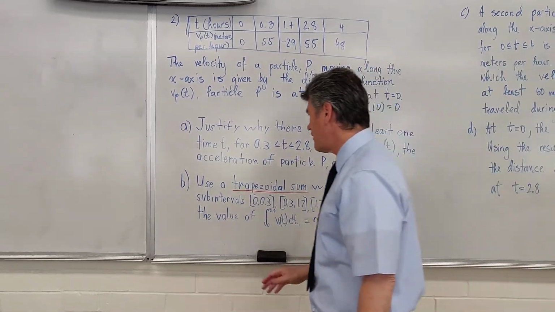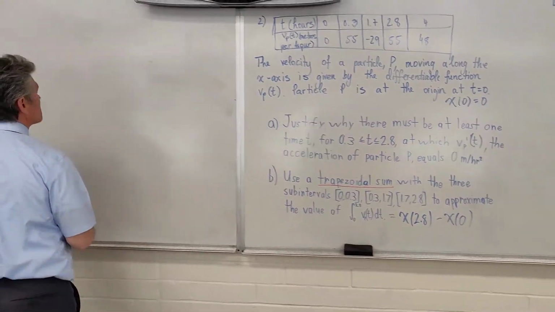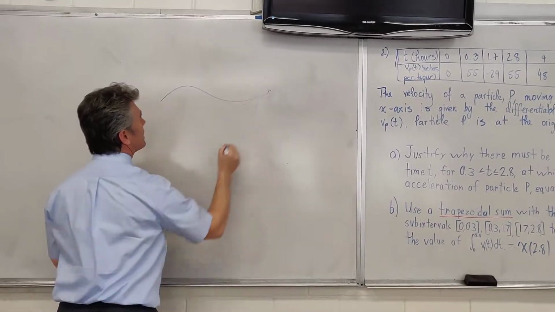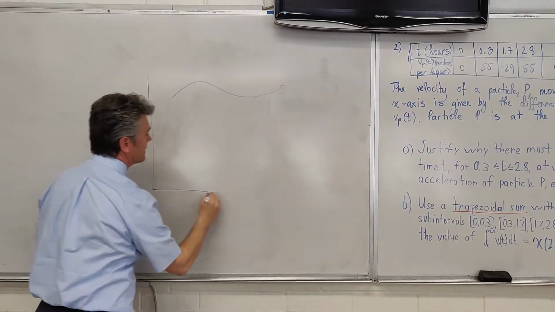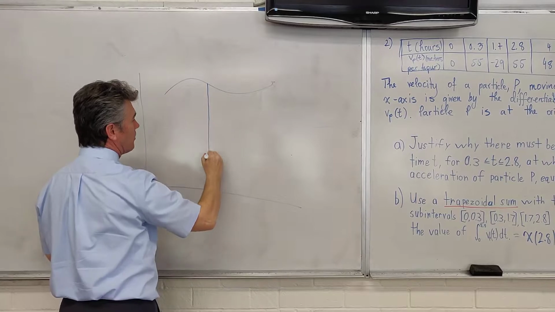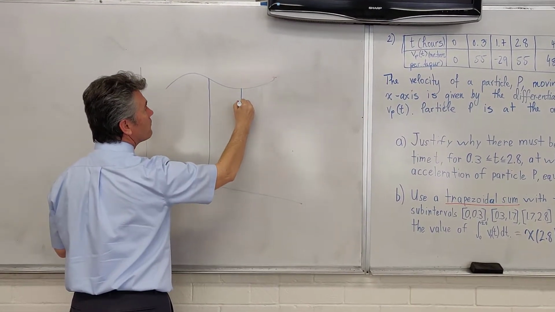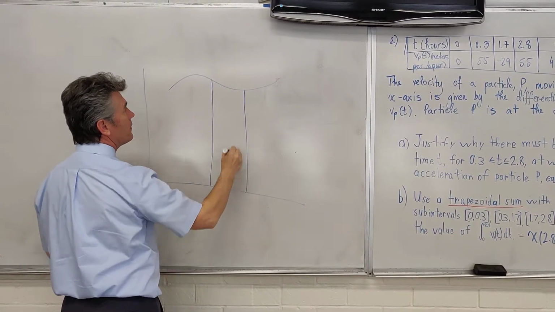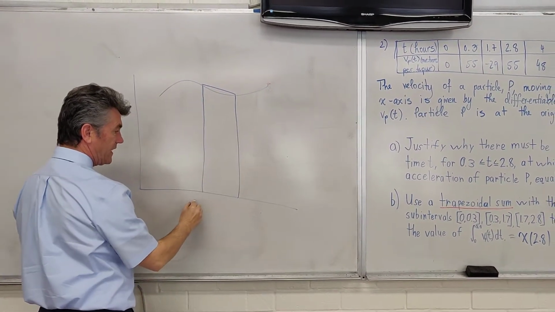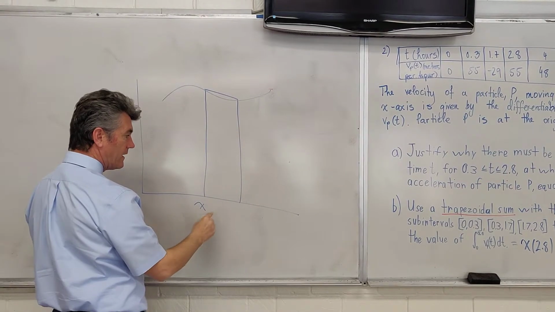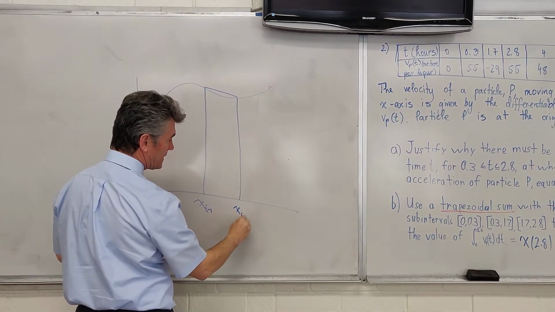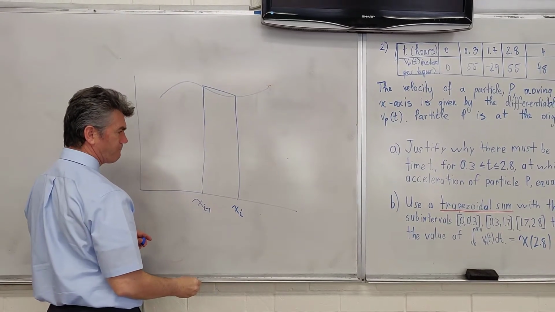So let's start with a trapezoidal sum. That's a big clue. Let's draw an arbitrary curve. Let's draw the y-axis, the x-axis, and just draw one trapezoid. Just a reminder of how to find the area of a trapezoid. Let's say that this is x sub i minus 1, and this is x sub i.